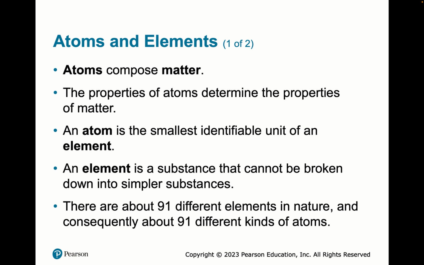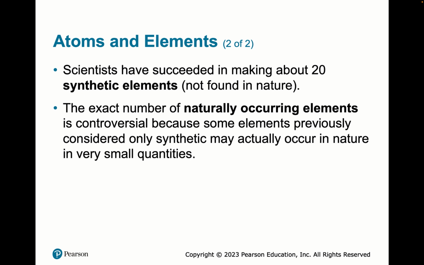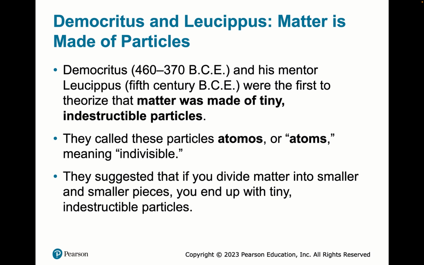Many of these are very, very small. That's what I mean by the debatable nature of the 91 being naturally occurring. Chemistry at this level can be considered very objective, but some things are subjective, and this is one of the things that are subjective about this class.